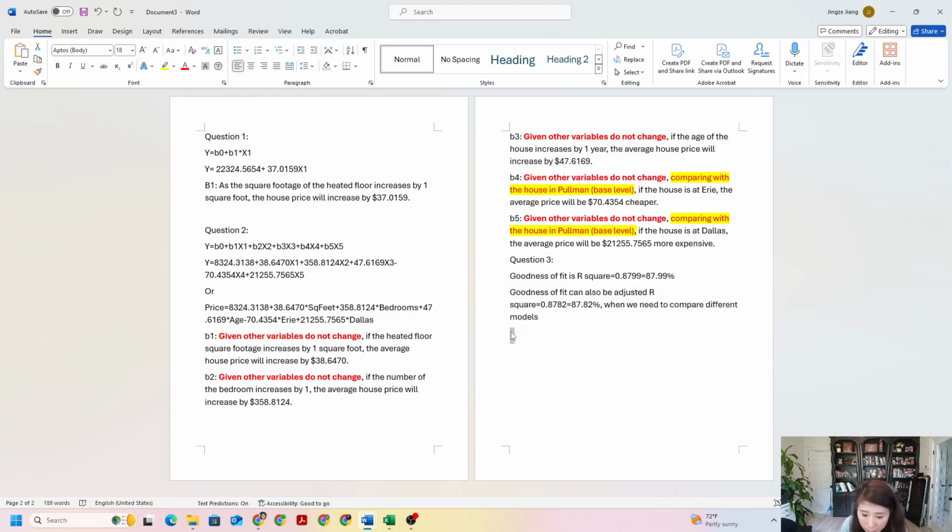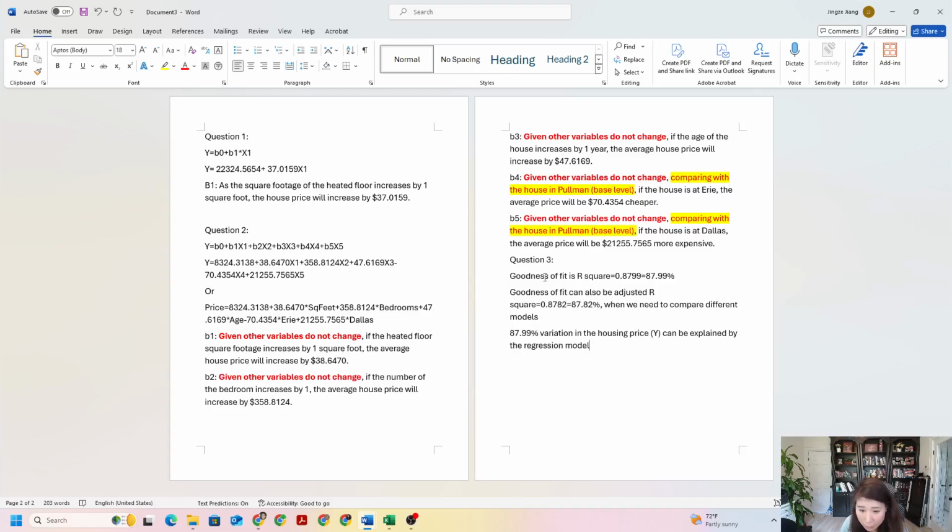So to interpret this R-square, it will be 87.99% of the variation in the housing price, and remember, housing price is my y variable, can be explained by the regression model.